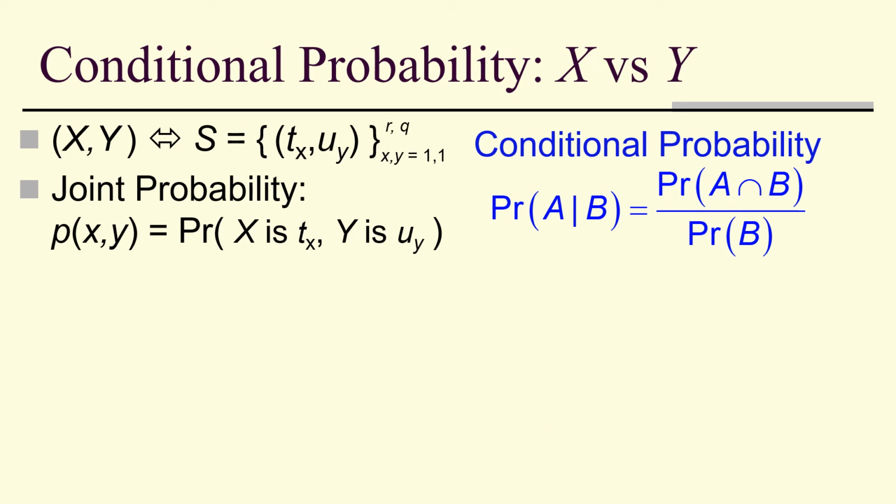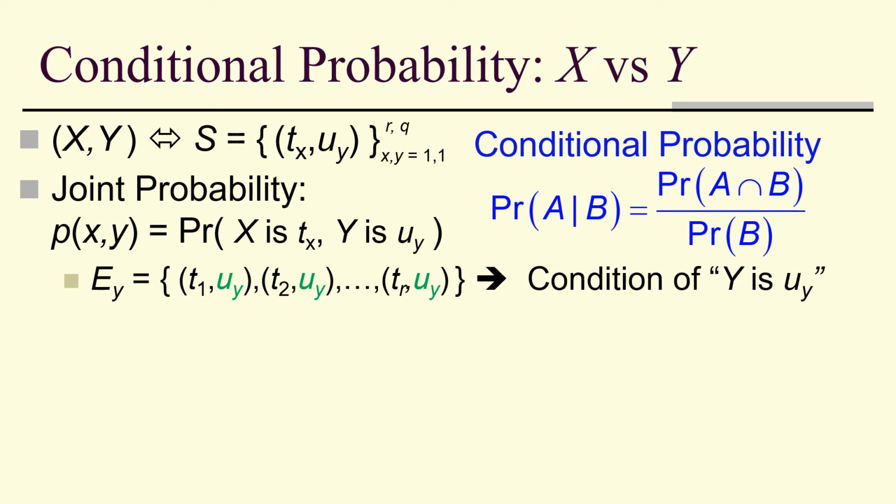So let's look at conditional probability for a variable x versus variable y. So recall the definition of conditional probability and joint probability. We're going to define the set E sub y, as you can see here. All the second coefficients are the same, u sub y. In other words, this is a condition of y is u sub y.